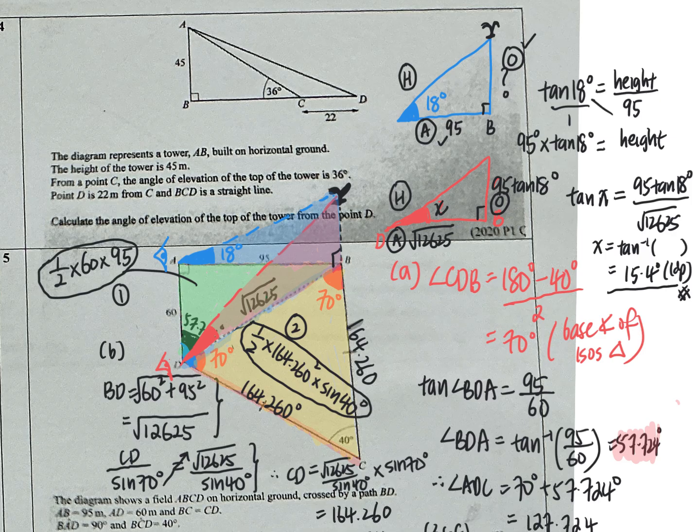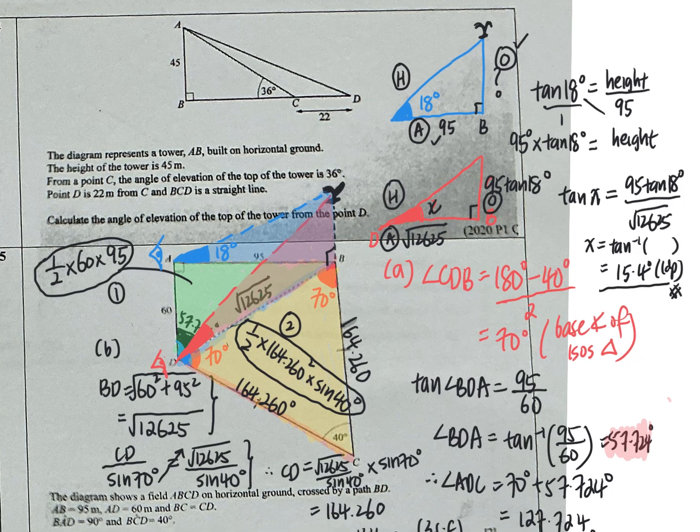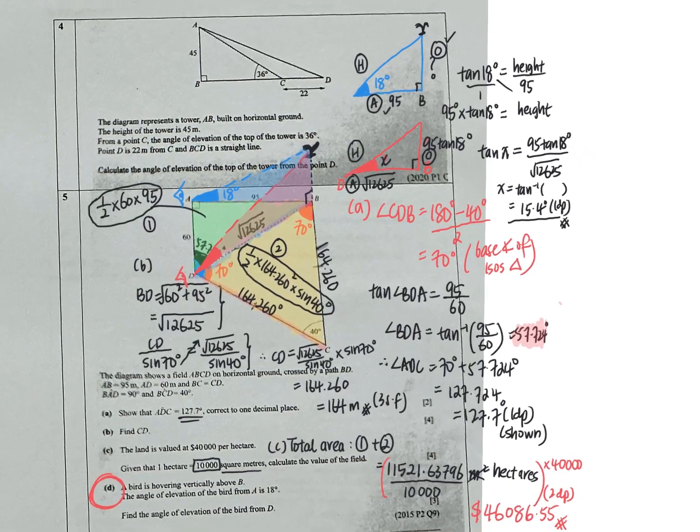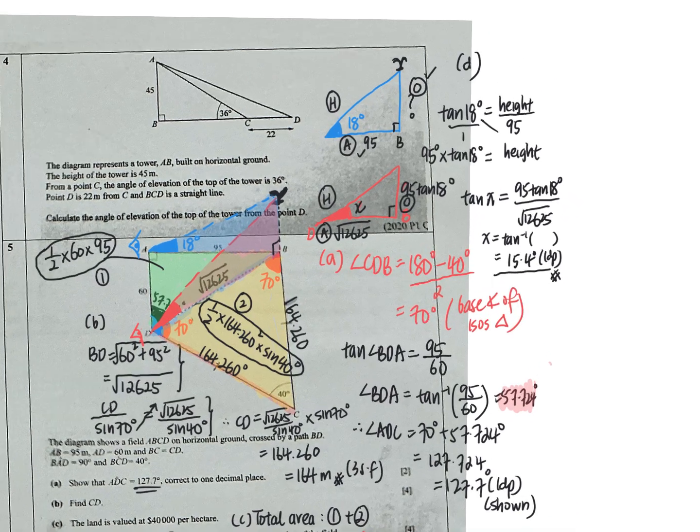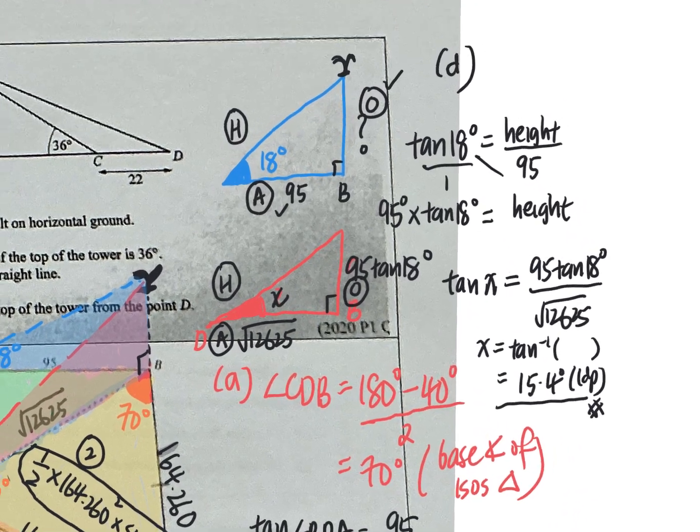You always use SOH CAH TOA tangent. Past history, last 10 years, O-level, last part of the question. The triangle you draw is always a right angle triangle and it's always tangent, no matter how you calculate. Okay? So this is a pattern that you can draw from past experience.